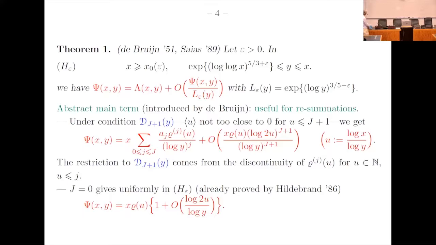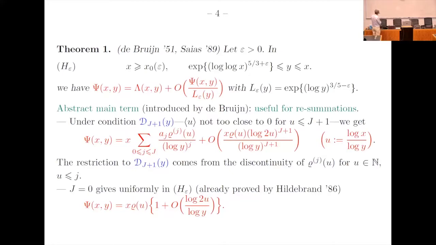And it's also useful because if you expand rho of u minus v with a Taylor development, then you can show a precise estimate of psi of xy.